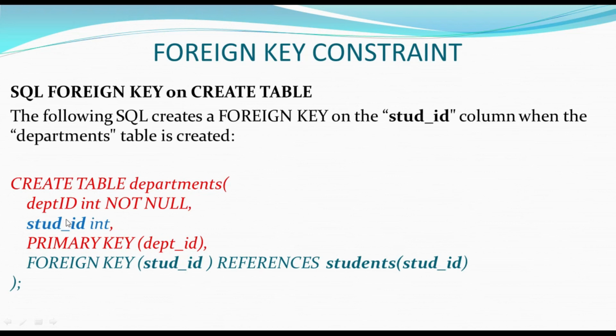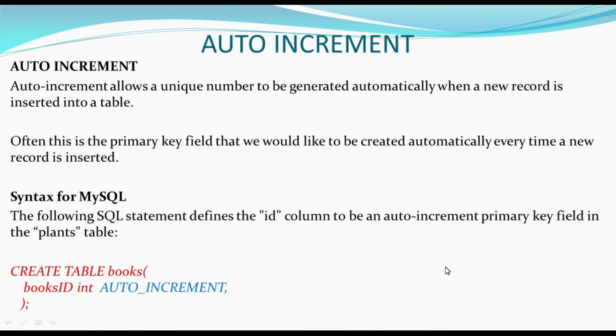So this student ID in the departments table is referencing a table called students, and the field where we are referencing from is the student ID field. When we start practicing, you understand, so don't get confused.